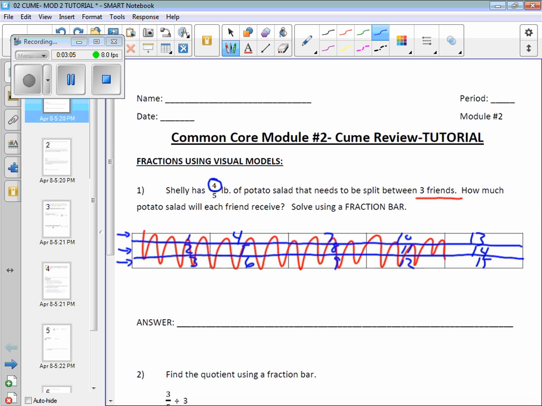I'm going to circle those 4 out of 15. That's what our answer becomes now. It is now 4 out of a total of 15 pieces. So 4/15 becomes our answer.